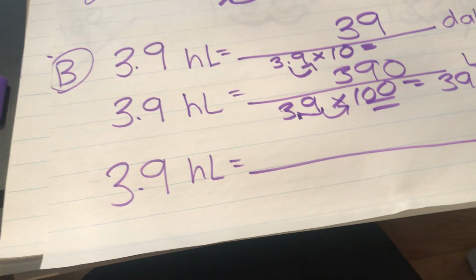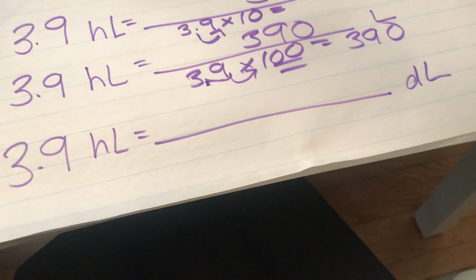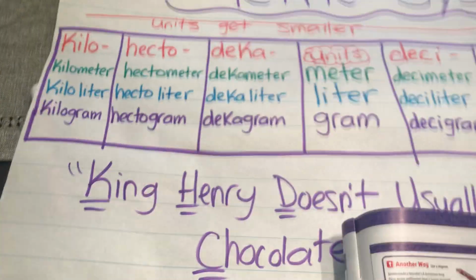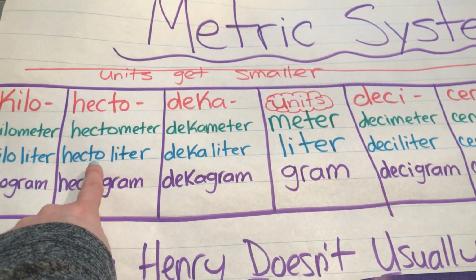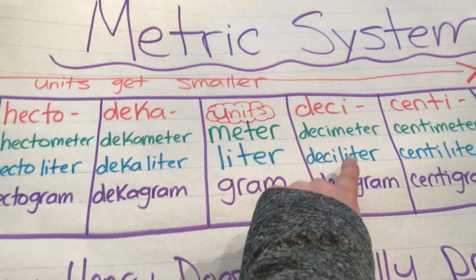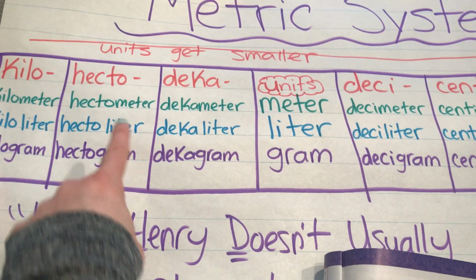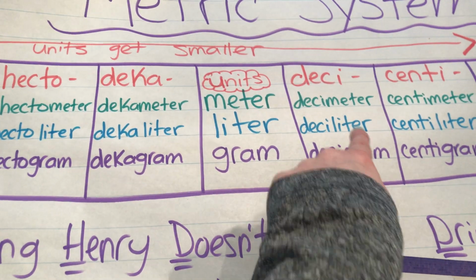Last one, I have 3 and 9 hectoliters, and I now need to go to deciliters. Back to my chart, hectoliters all the way to deciliters. Bigger to smaller, multiply by how many hops? 1, 2, 3.